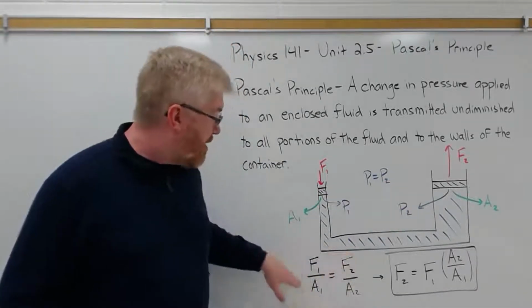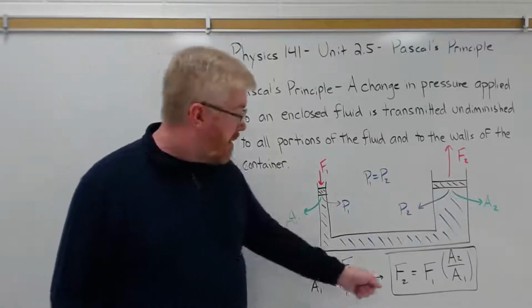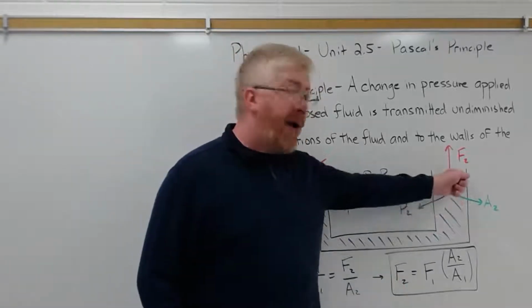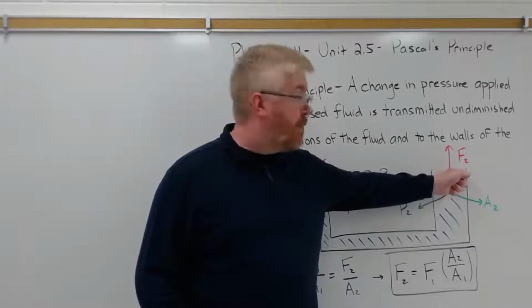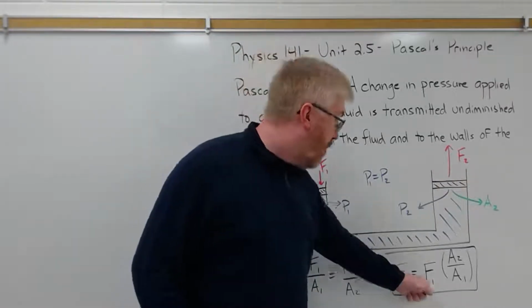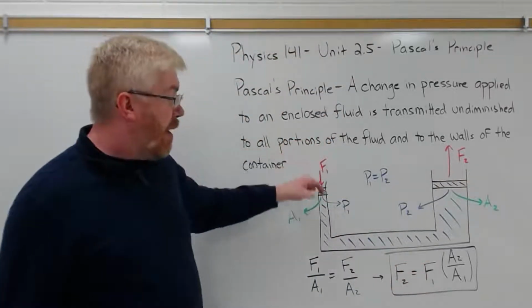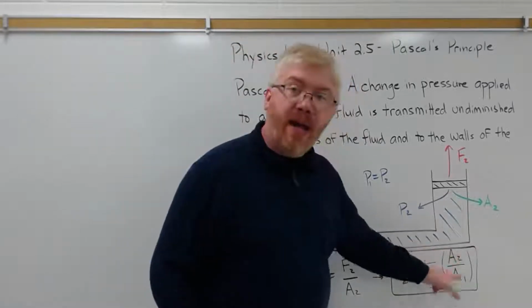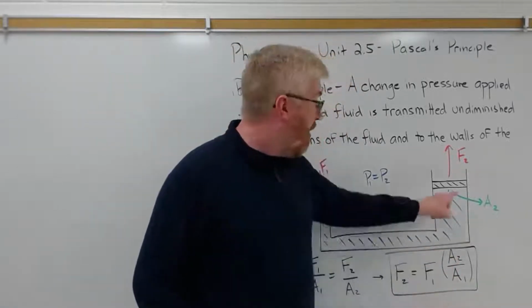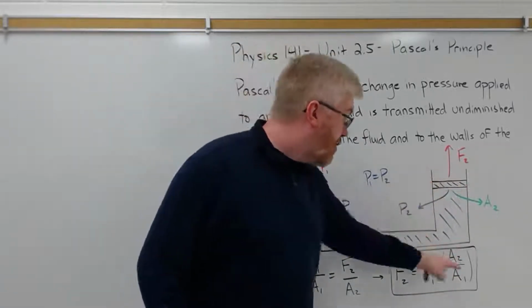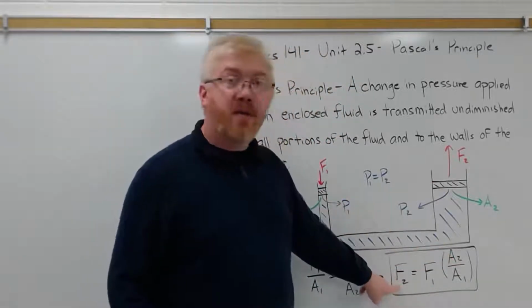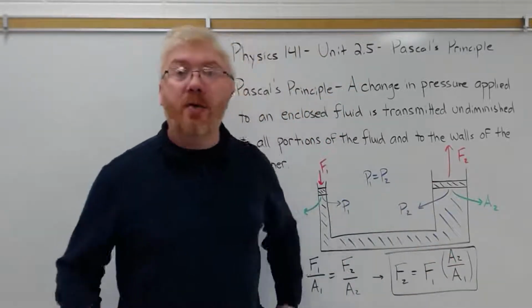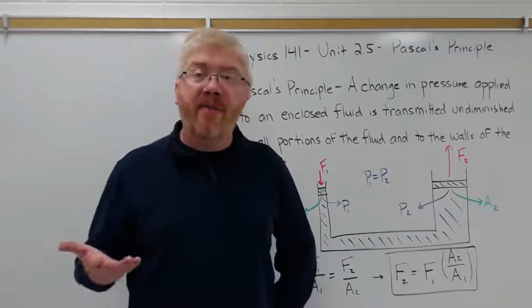If you rearrange this equation, what you see is that the force out of this right-hand side, side number 2, is equal to the force applied on side number 1 times the ratio of the areas. So if area 2 is much, much larger than area 1, force 2 is much larger than force 1. You can cheat. You get magnified forces.